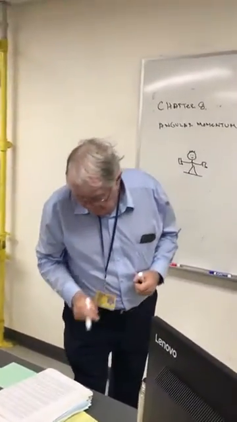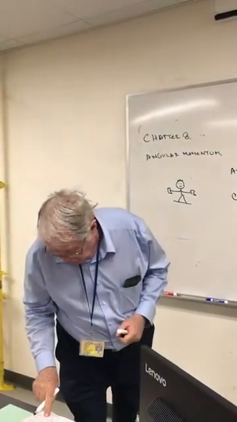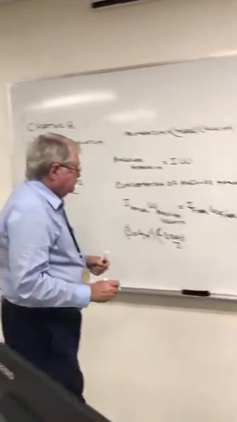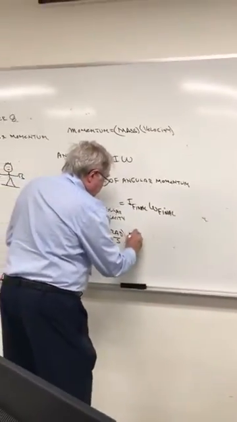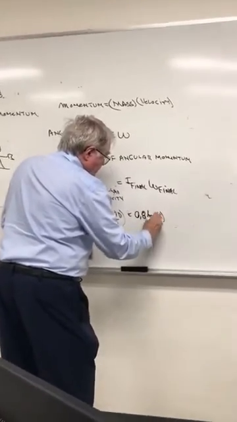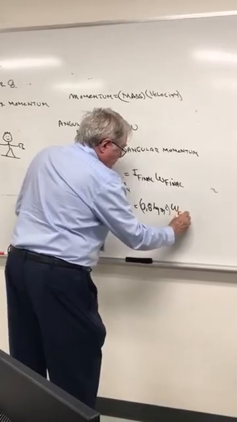Then she draws her arms in closer, and what happens is the R goes down, so the moment of inertia is also going to go down, and it says it decreases to 0.8 kilogram meters squared. And now what we have to do is figure out what the final angular velocity is going to be.